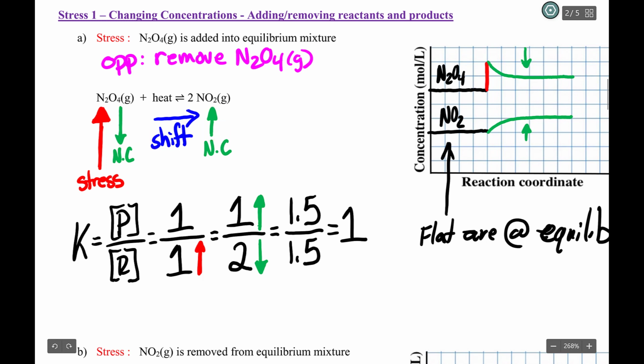It would just look inverted. One more time, if my stress arrow goes up, my shift arrow goes away. Whatever side I'm shifting towards, my concentrations go up. Whatever side I shift away from, my concentrations go down. And we will look at the opposite scenario in the next question.